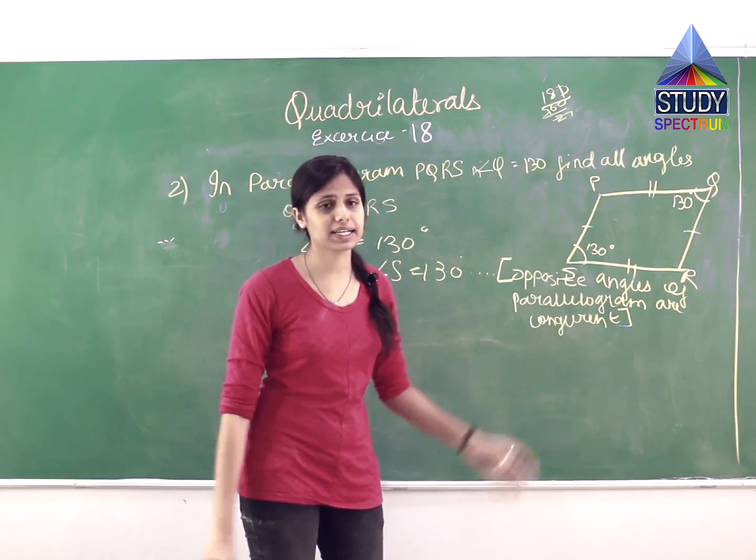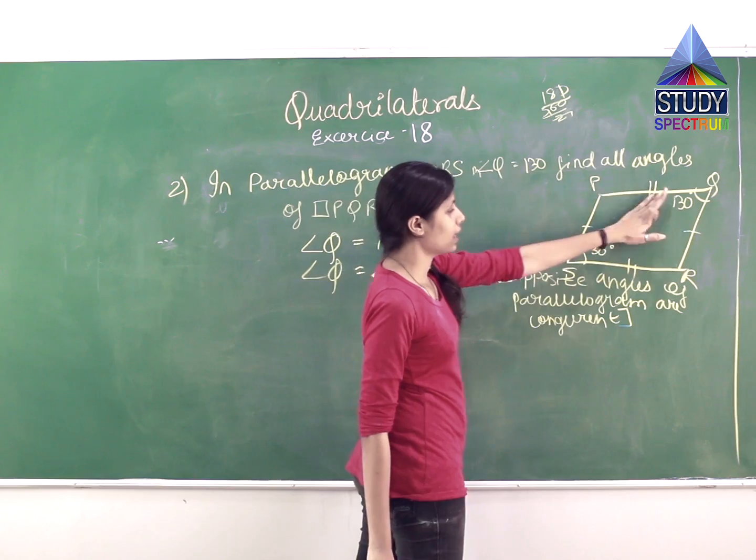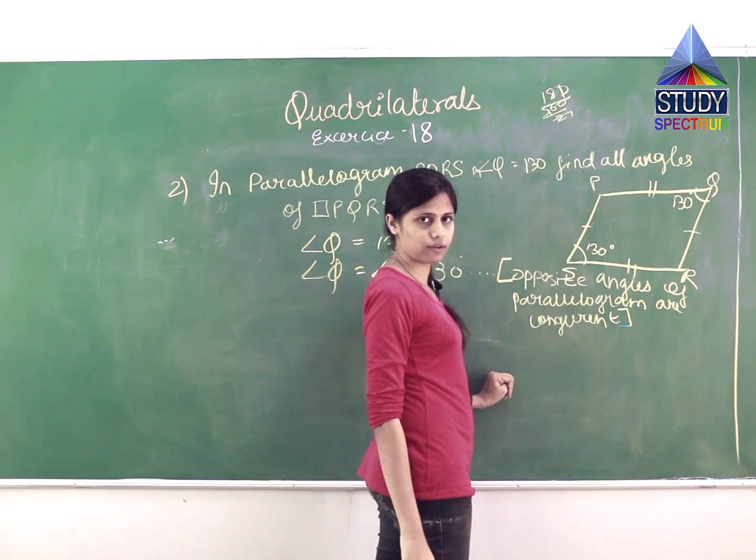This is the reason: opposite angles of a parallelogram are congruent. So if angle Q is 130, then angle S is also 130.